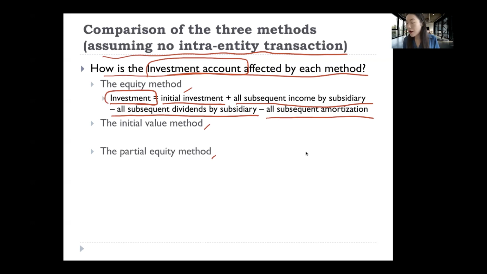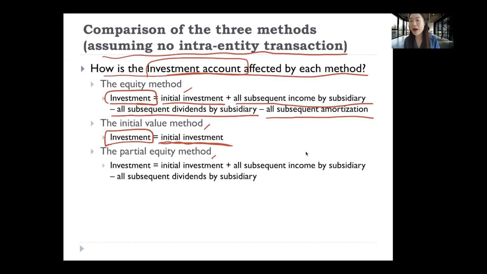And then how about the initial value method? Under the initial value method, the investment account would not be affected by all of the subsequent income or dividend by the subsidiary. So actually, the investment account would only be equal to the initial investment. So no matter whether the subsidiary earns income, declares dividend, or there's any excess amortization, none of those is going to affect the investment account.